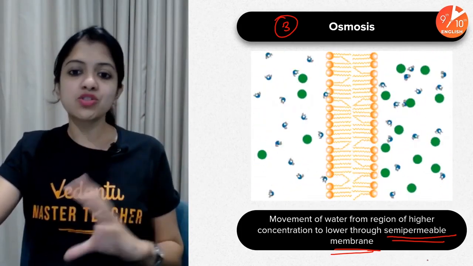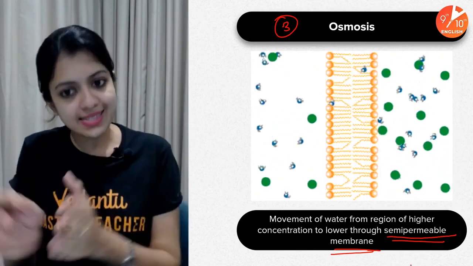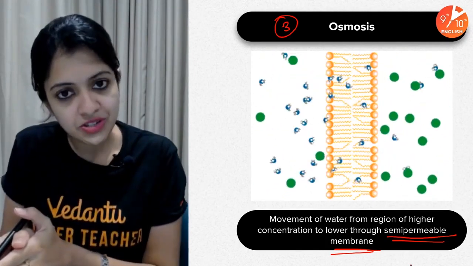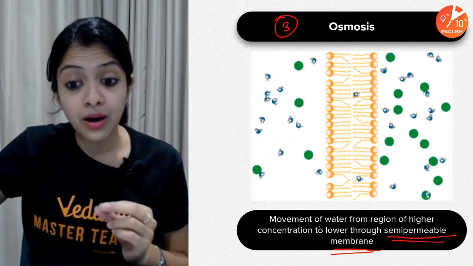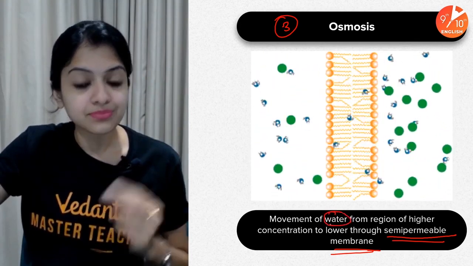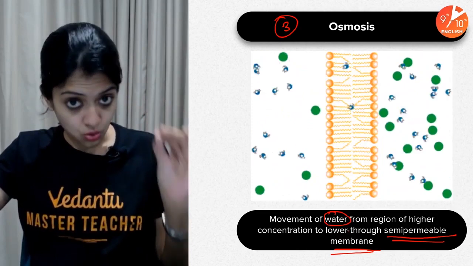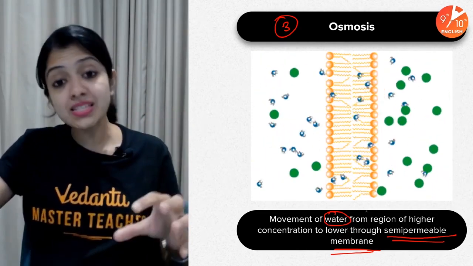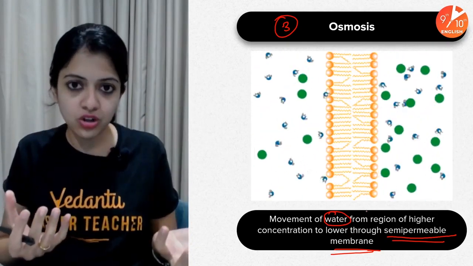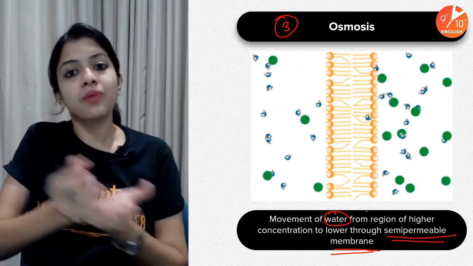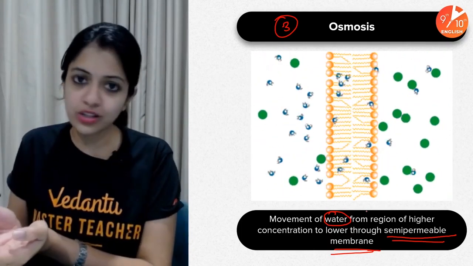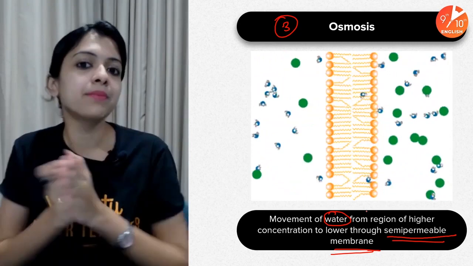And osmosis is also different from diffusion in the sense that in osmosis, we are specifically talking about water, movement of water molecules from a region of their higher concentration, which means wherever water molecules are higher in concentration, from there to wherever water is lower in concentration, okay, across a semi-permeable membrane.